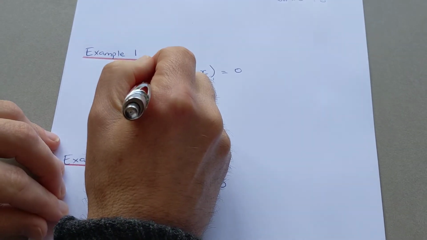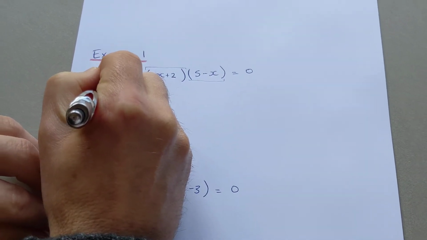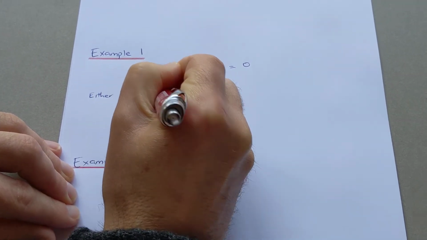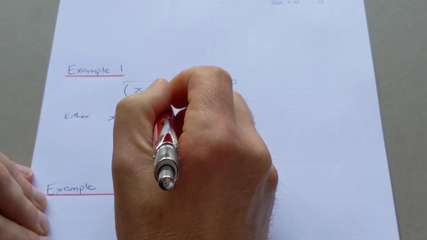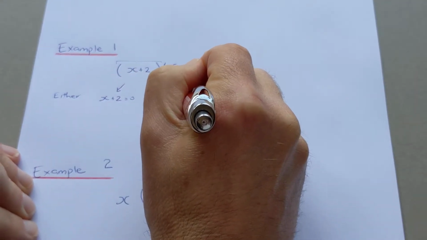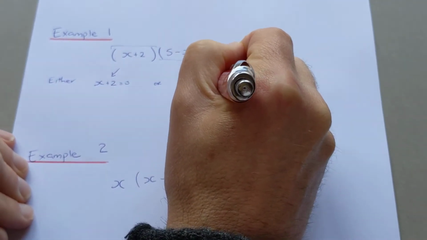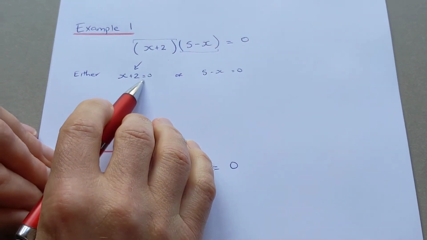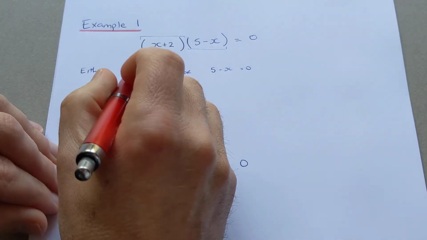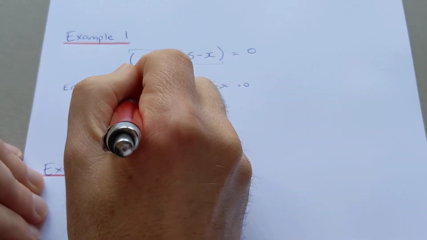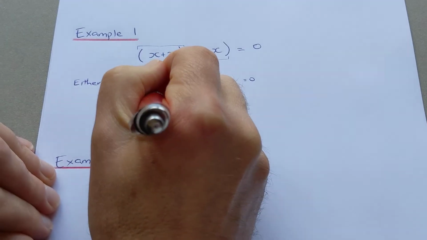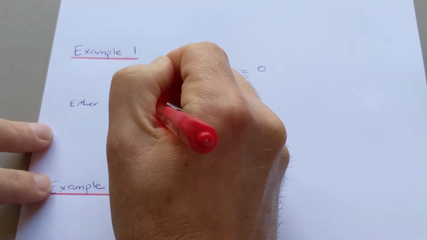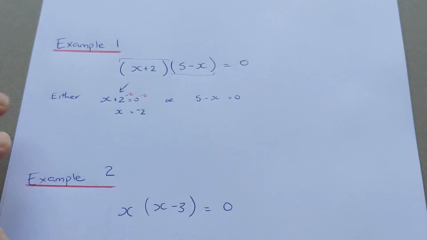What we do here is we say either x plus 2 has to be equal to 0, or the alternative answer over here is that 5 take away x has to be equal to 0. Okay, and this is now a little tiny wee linear equation here. If I minus 2 off both sides, I end up with x equals negative 2.